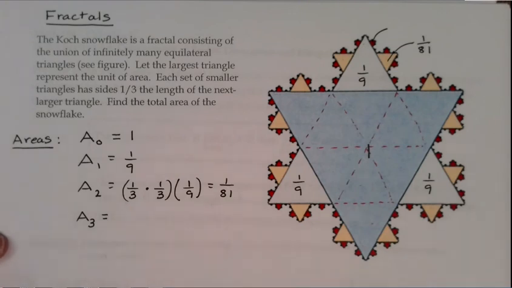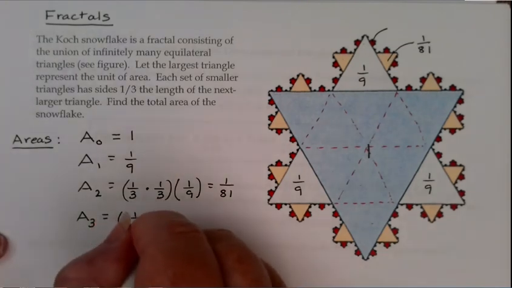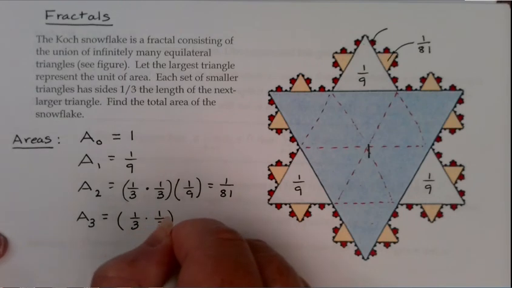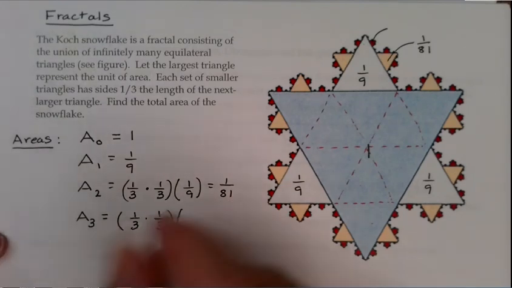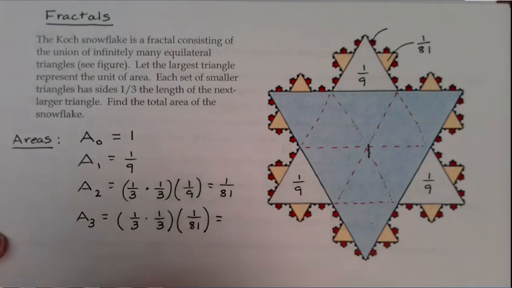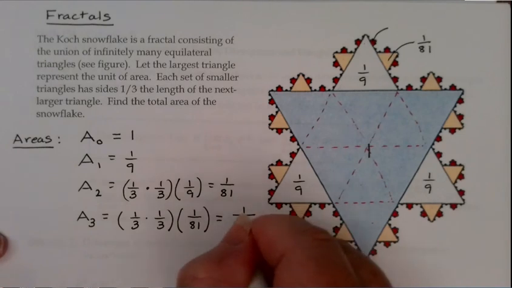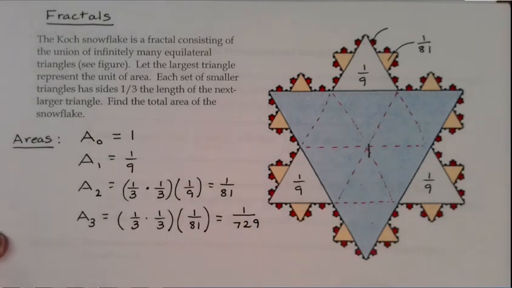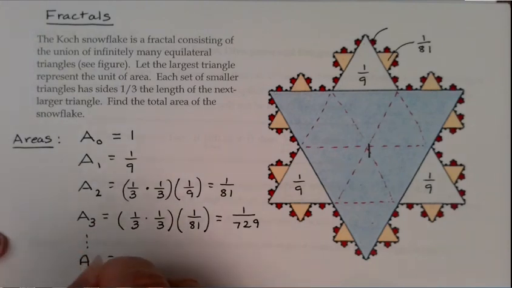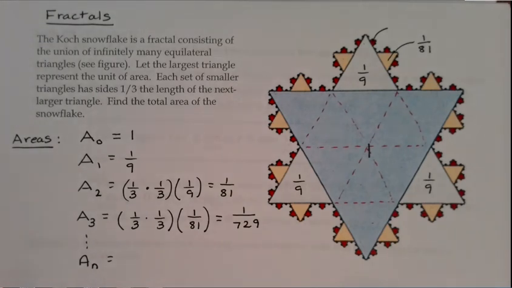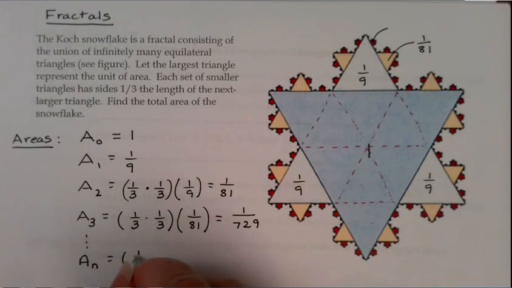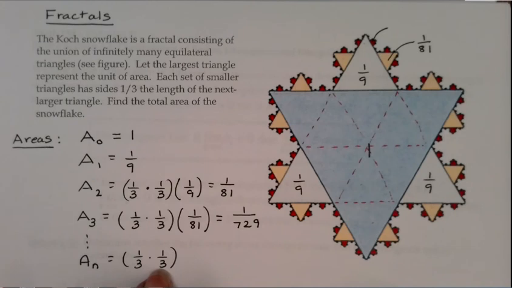Once again, I use a third of the base times a third of the height times the area of the previous one, 1/81, and that gives me 1/729, etc., etc. In general, to get the area of my nth triangle, it's always going to be a third of the base times a third of the height times the area of the previous triangle, A sub n minus 1.